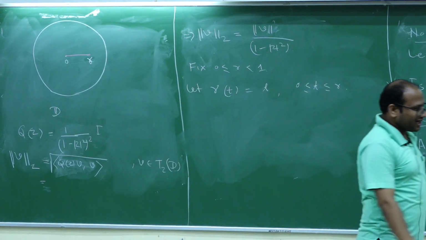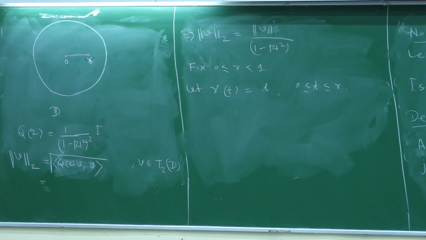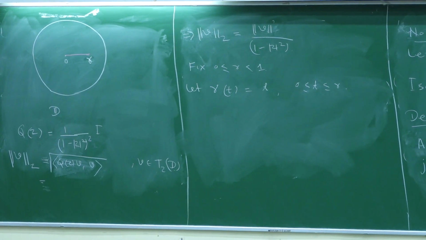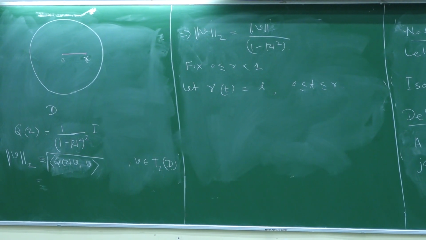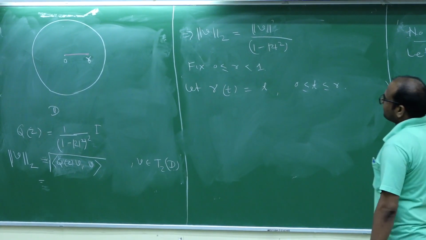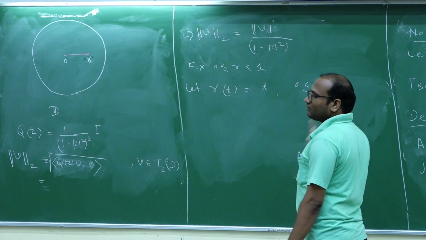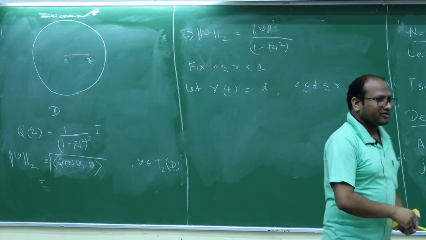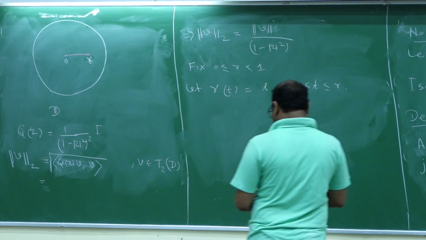So for that I need to show that I will take any curve gamma 1 joining 0 and 1. If I can show that the length of gamma is less than or equal to the length of gamma 1, then I am done, right? So that is the basic definition of geodesics.